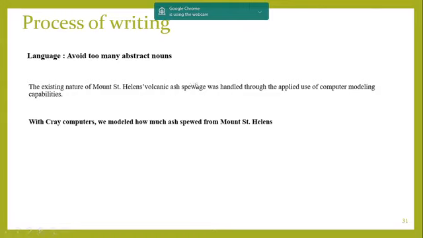Here, the ash spewage, here they have abstract nouns. So to avoid it, they made the statement like this: with a great computer, we model how much ash spewed from Mount St. Helens. So don't use abstract nouns.